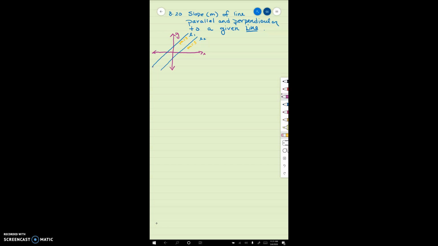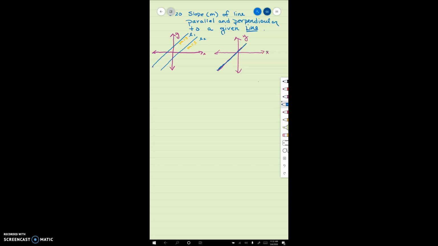I'm going to make an XY axis. Okay, so this is my XY axis. Now I'm going to draw a line. I wanted it to be in blue. This blue.